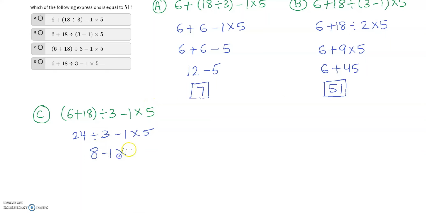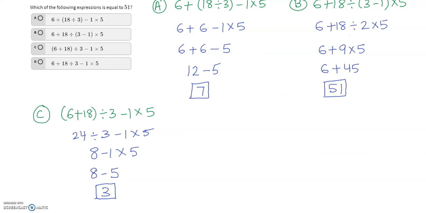Everything else is the same, including the numbers and the sign. Then I will do the multiplication, which is 1 times 5. Everything else is the same. 8 is the same. There is a minus sign. 1 times 5 is 5. Now the last step is 8 minus 5, which is 3. That looks like it's not the option.